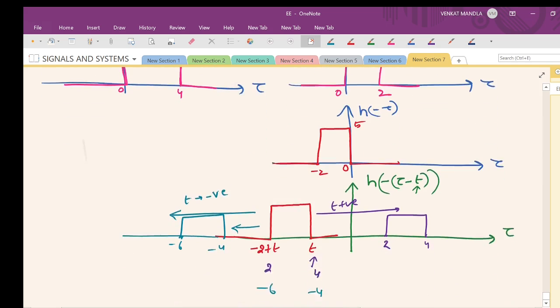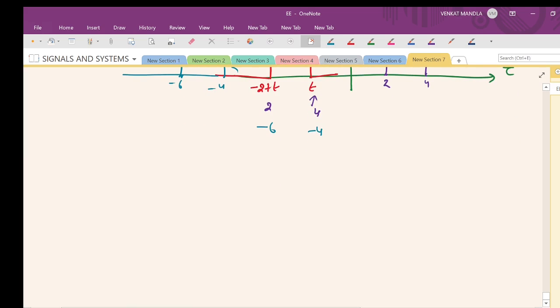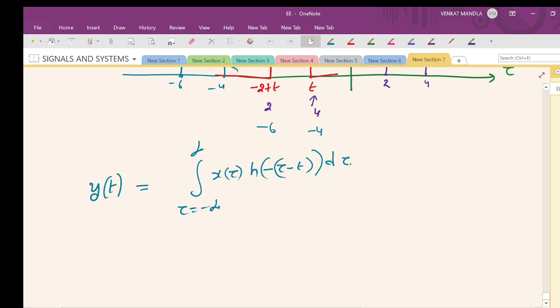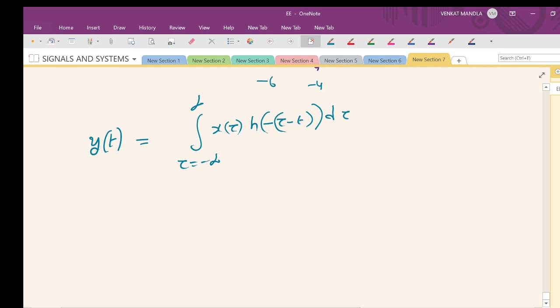So in the output, we are finding y(t), that is the integral from tau equal to minus infinity to plus infinity of x(tau) h(t minus tau) d tau. Here we are multiplying these two and then finding the integration, that is the area under this multiplication.